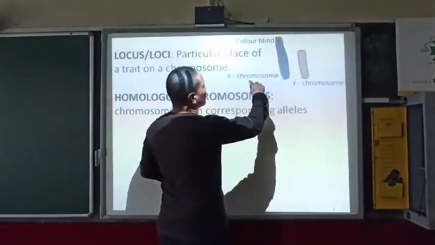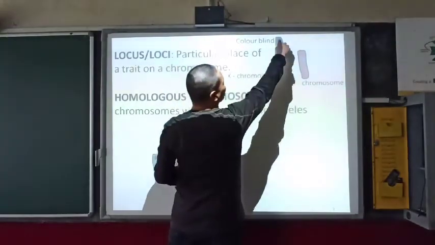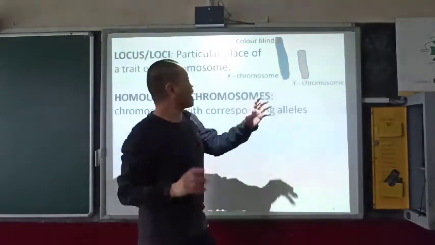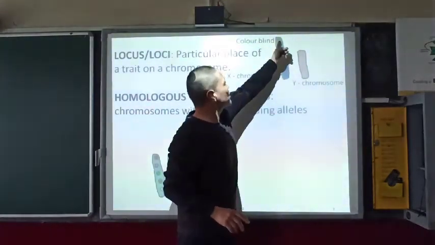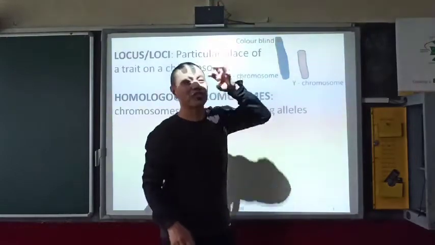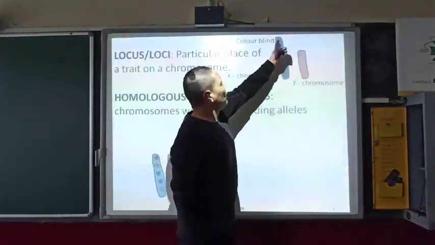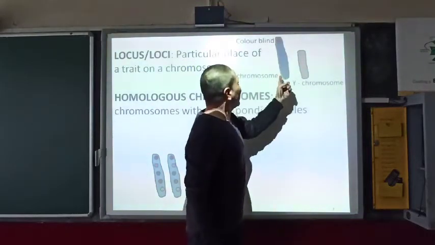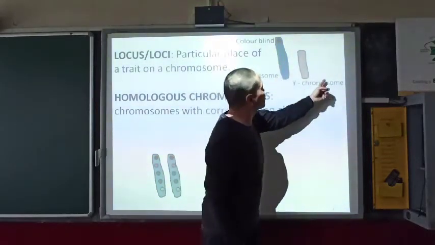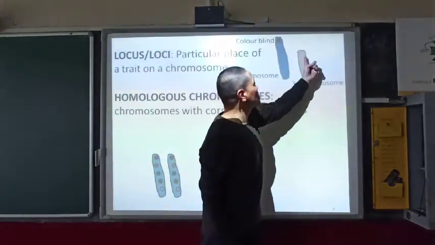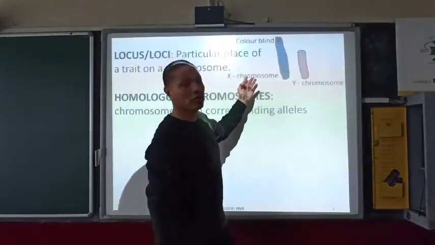If you look at the X chromosome, there is a place where a trait, a gene, is present, known as colorblind. And it's present on the X chromosome, but on the Y chromosome, that place does not exist at all, because the Y chromosome is much smaller than the X chromosome.